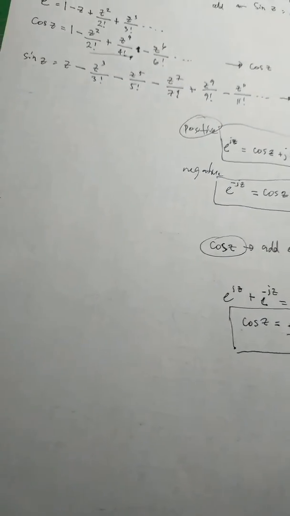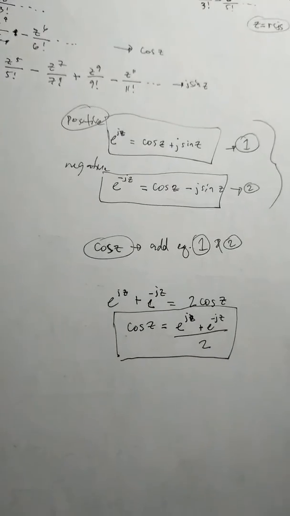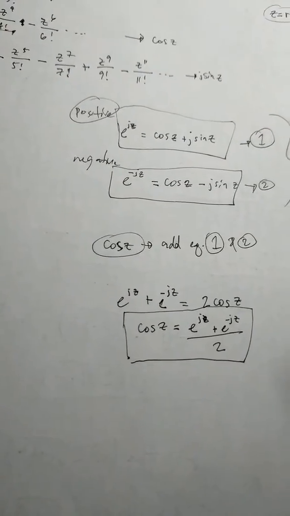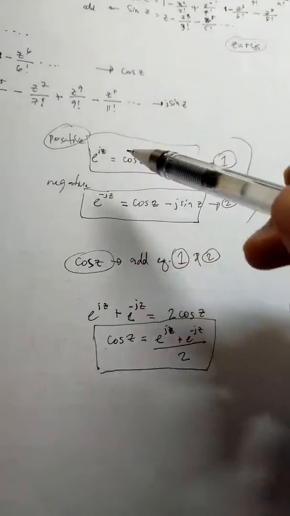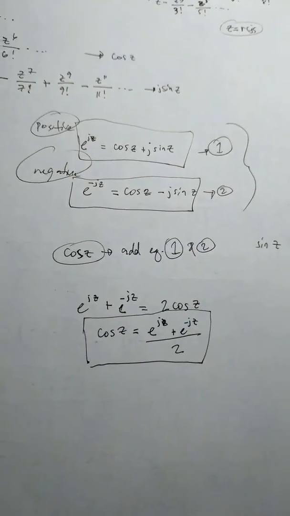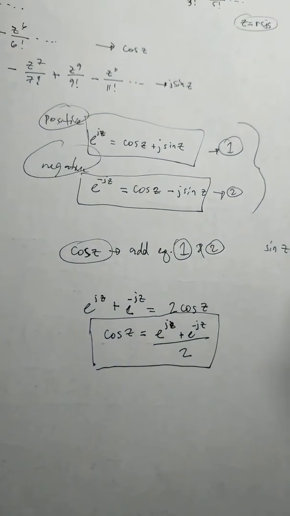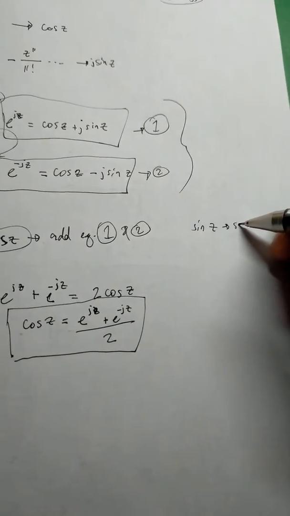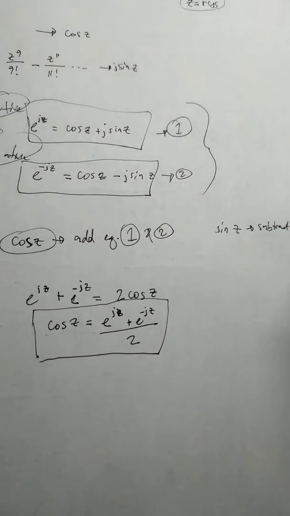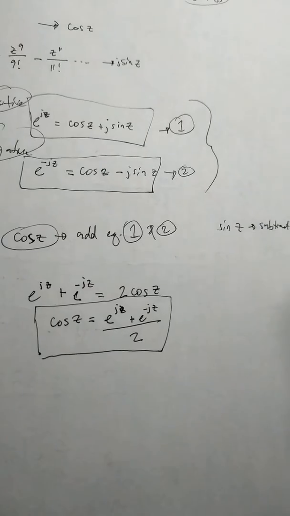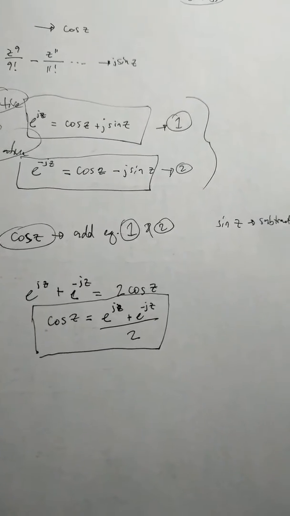Okay, then sa sine naman, so for the sine z, so negative, so therefore we will subtract. So subtract equation 1 and 2.